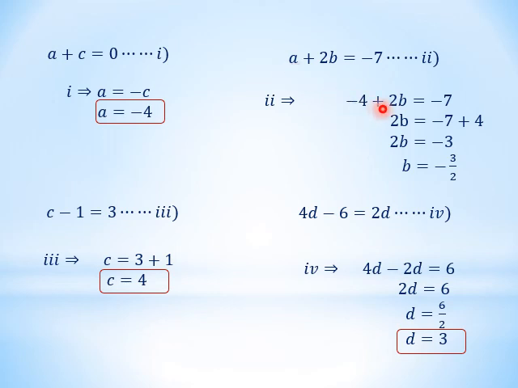Negative 4 plus 2B is equal to negative 7. 2B is equal to negative 7 plus 4, as this negative 4, after transposition, becomes plus 4. Negative 7 plus 4 is equal to negative 3. So 2B is equal to negative 3. B is equal to negative 3 by 2. That is the fourth unknown.